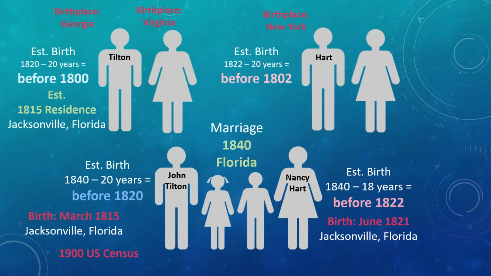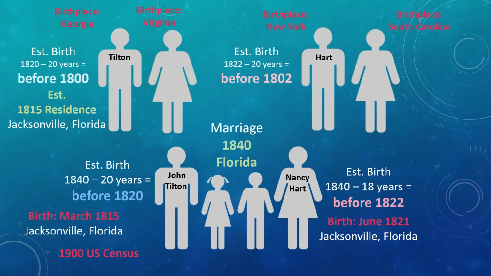And it lists her father's birthplace as New York, mother's birthplace is South Carolina. Those are very specific details that can help isolate and tell me who these people are. So I use this all the time. People think I'm a really great researcher, and I'm okay at it.